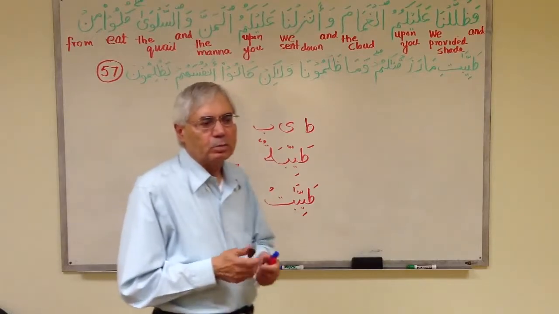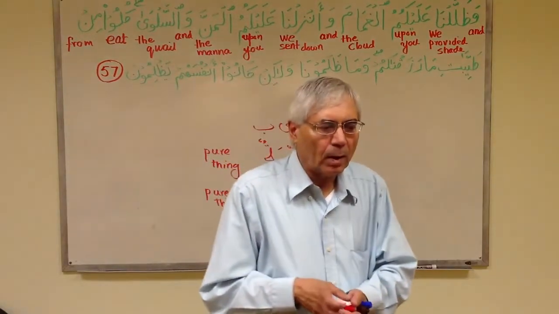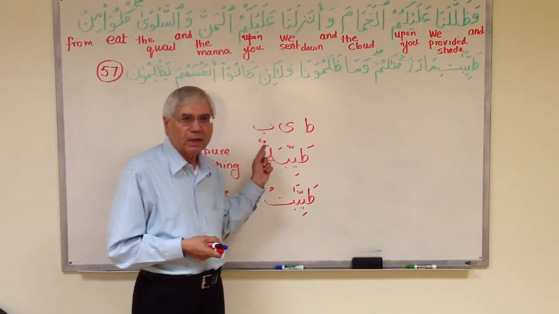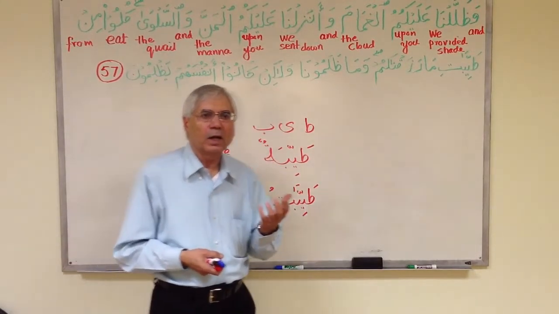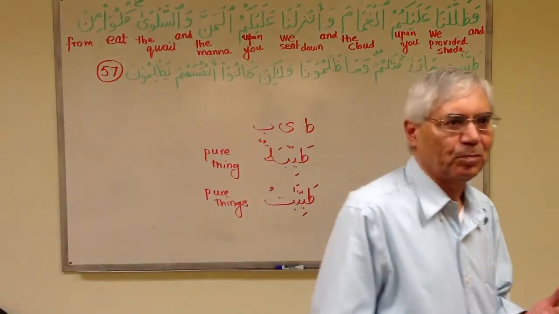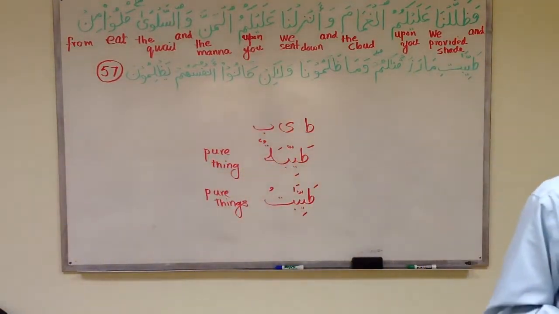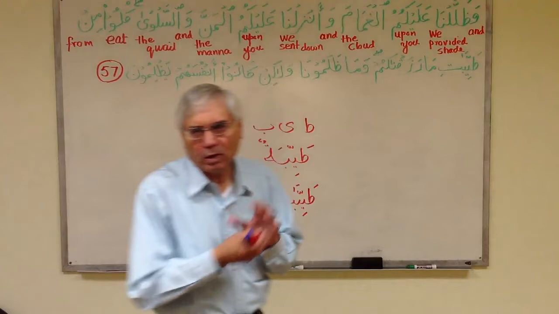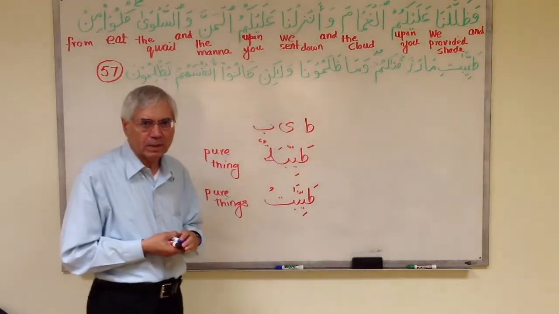Generally, if you think of the words which have this ta marbuta at the end, like salihatun, its plural would be salihatu. Mu'minatun, mu'minatu. Okay? So different groups follow different patterns of making the plural.